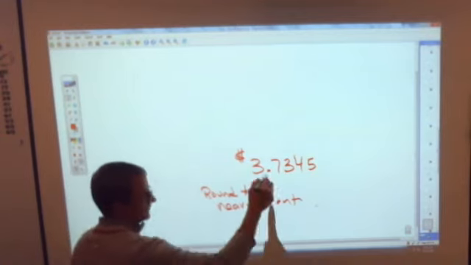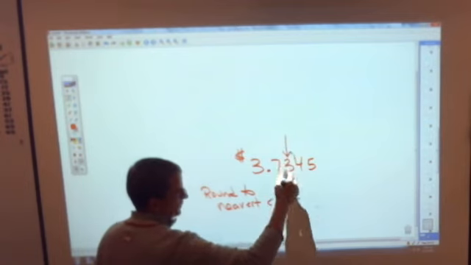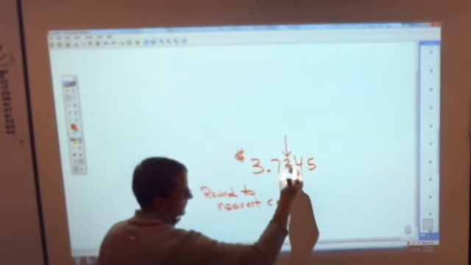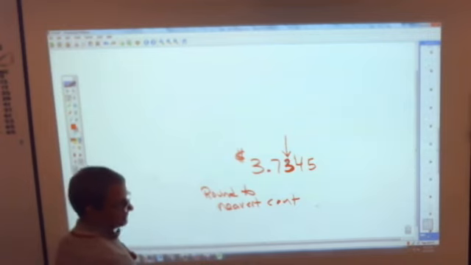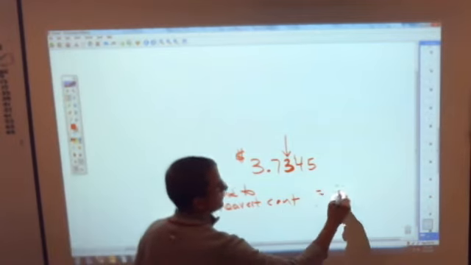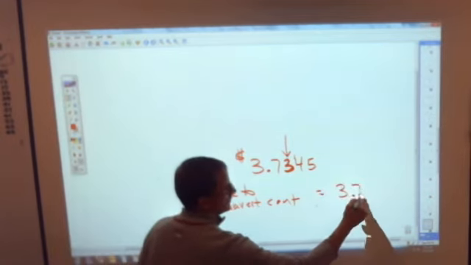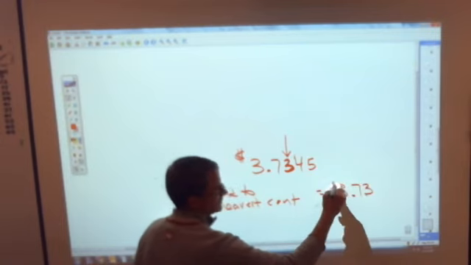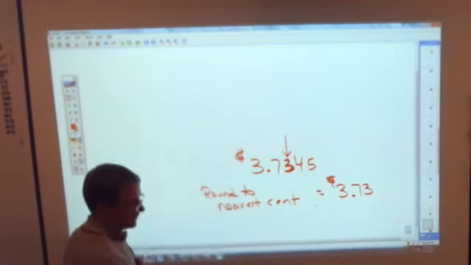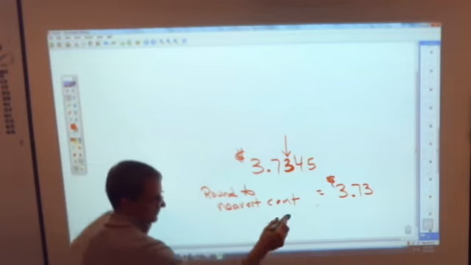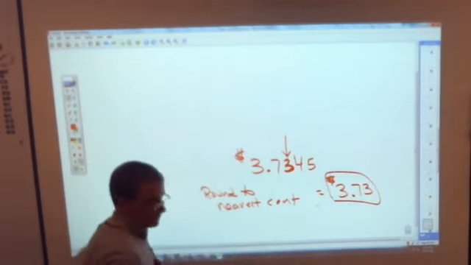A penny is in the hundredths place, so rounding to the nearest cent is the same thing as rounding to the nearest hundredths place. So what would that be? Jordan? $3.73. Because this is the nearest cent. Okay, you round to the hundredths place. Does that make some sense to you? Yeah.